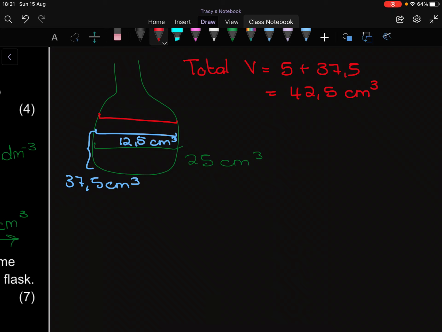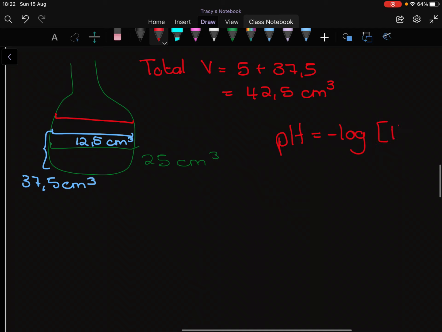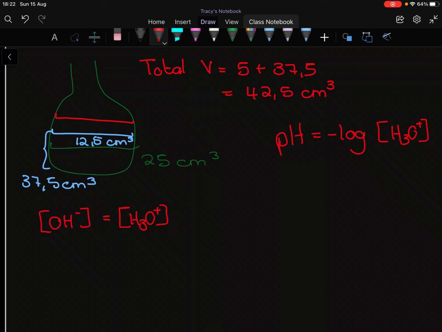So I know the volume. What I need to know is how many moles does this equate to, okay? Because to get pH, I need the number of moles of the H3O plus. We also now need to remember, we reach the end point when the OH minus concentration is equal to the H3O plus concentration. So we added equal amounts. But now I've added more.